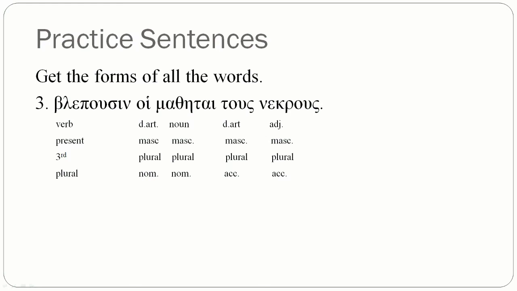Okay, so you have two separate elements here. Hoi mathetai go together as the nominatives, and tus necrus go together as the accusatives. Therefore, how is this adjective being used? Okay, you have an article, an adjective, but there's no corresponding noun. Mathetai is not the corresponding noun to necrus. If you are missing a noun, therefore, then you have a substantive adjective.